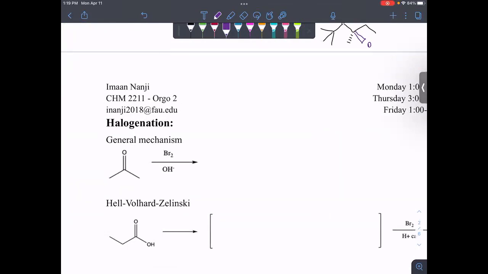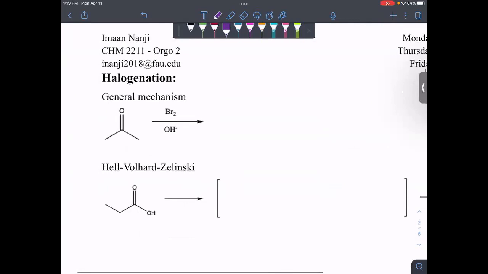Okay, so halogenation. If you're given a ketone and these reagents, like X2 over some kind of base, what do you think happens to the ketone? An alcohol and bromine?